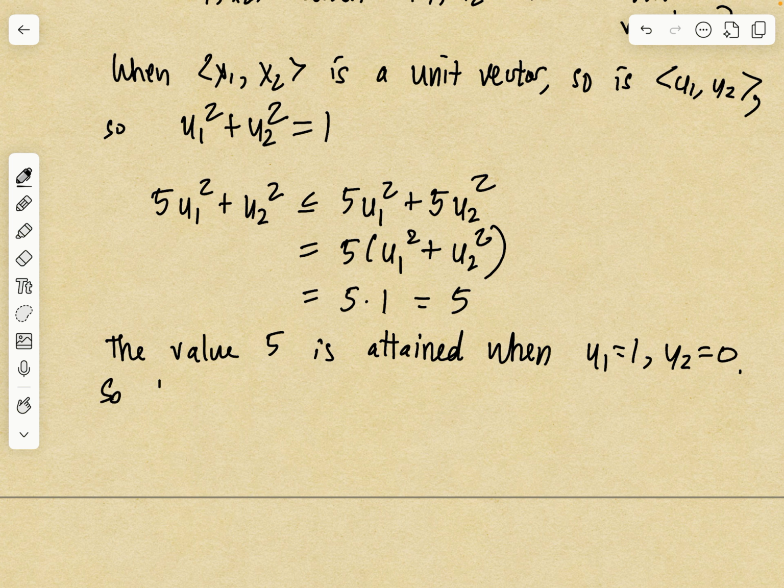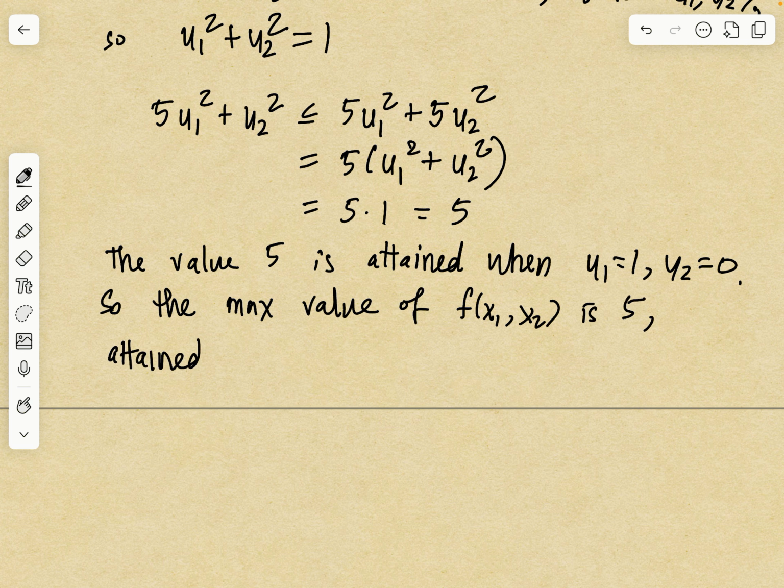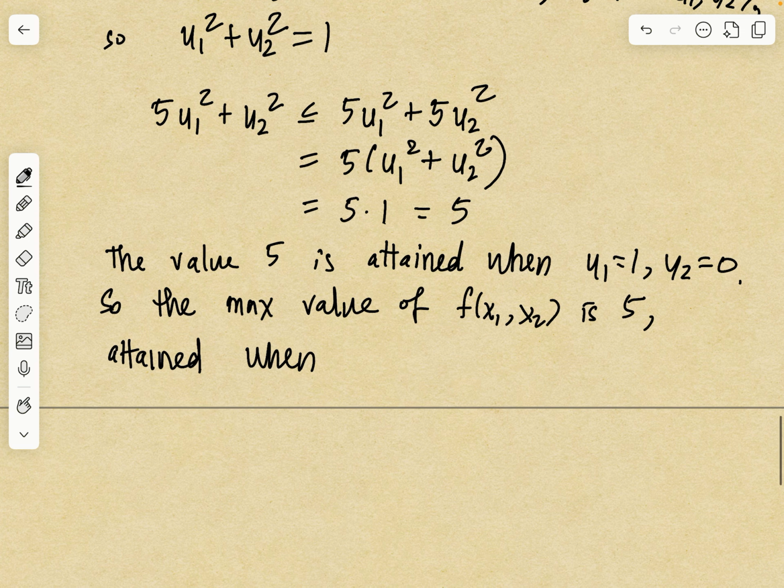So what that means is your function achieves the value 5 and it's never bigger than 5, so the maximum value of f of x1, x2 is 5, and this is attained when, what's x1, x2 equal to?